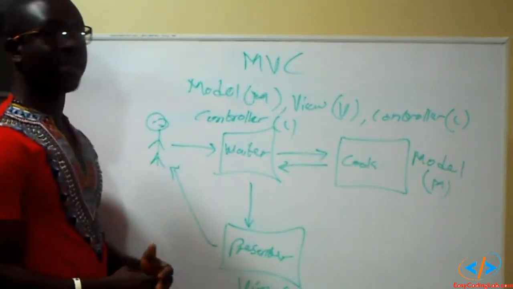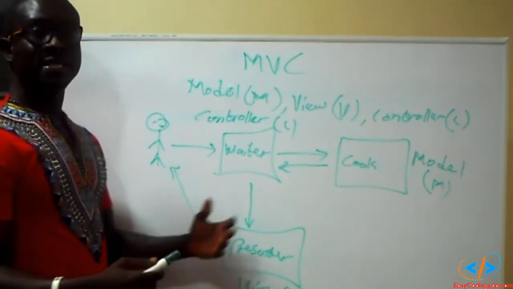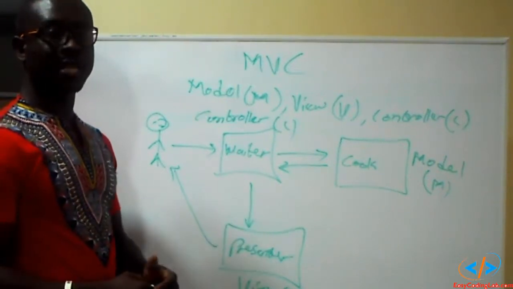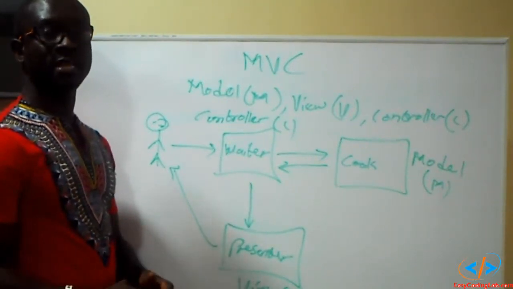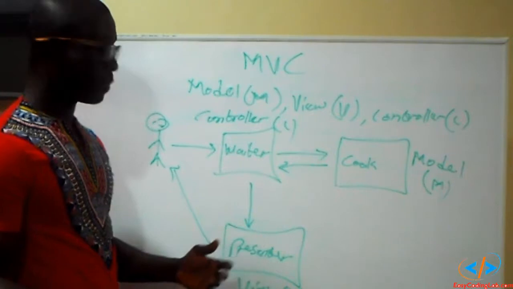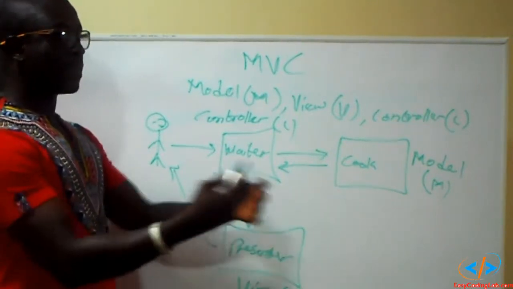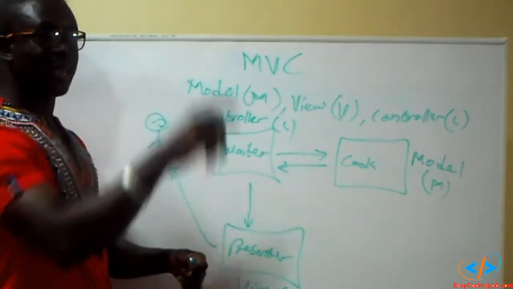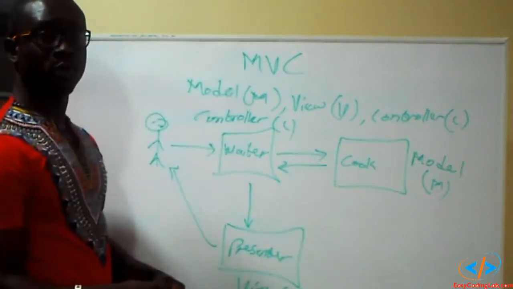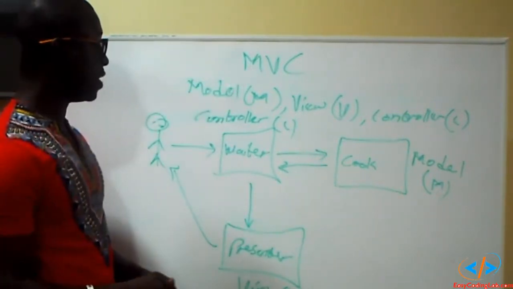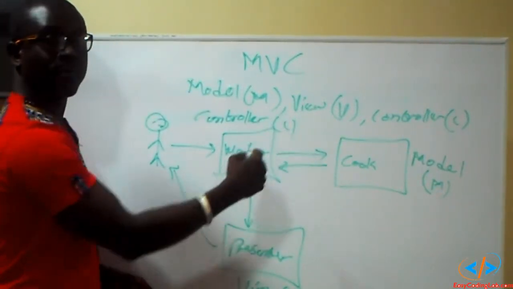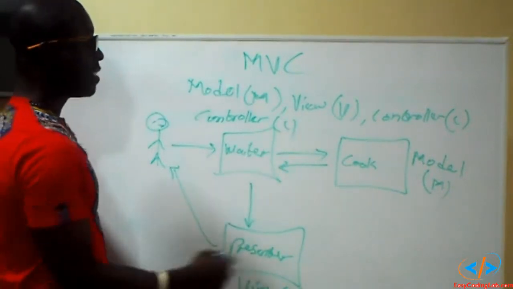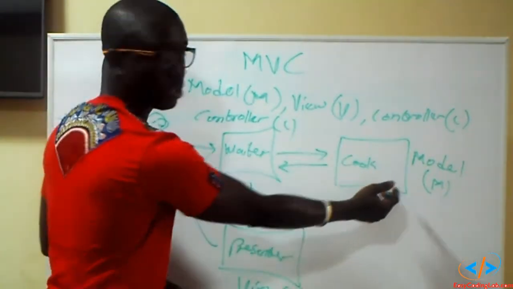The end user in front of the computer, say you want a list of employees in an employee management system. So you, the end user, hit the button, get list of employees. The controller takes the action and then hands it over to the module.